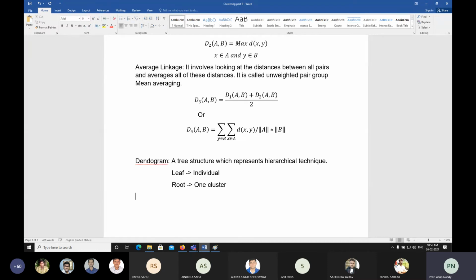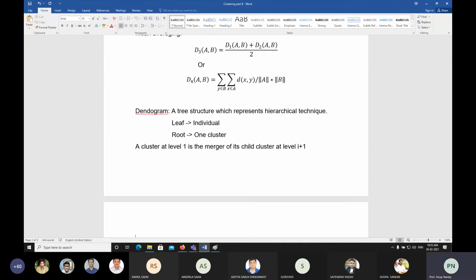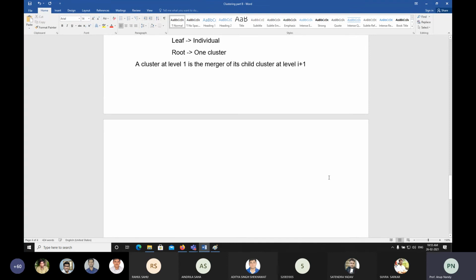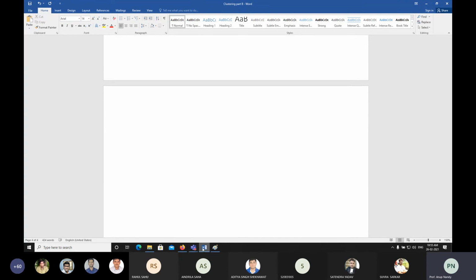It means that a cluster at level i is the merger of its child clusters at level i plus 1. Now how does it look? You need to see how the dendrogram looks.